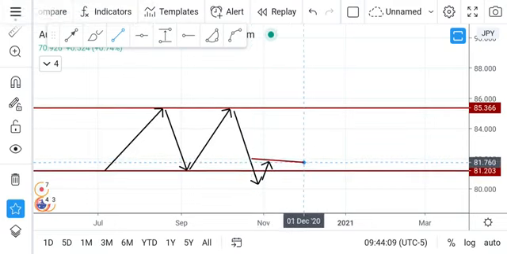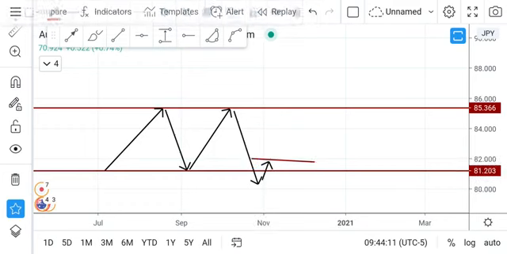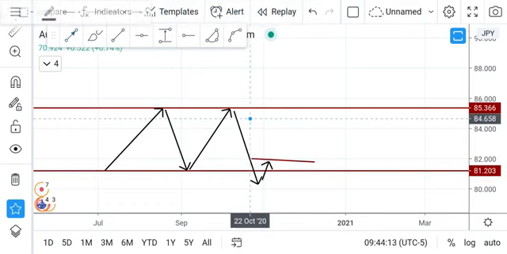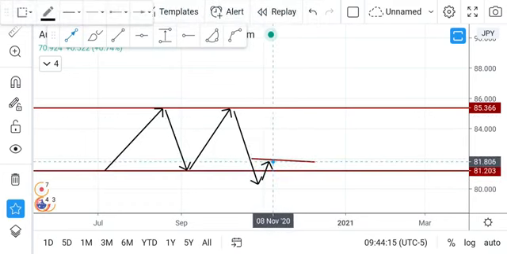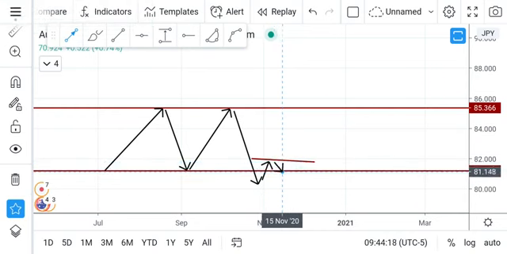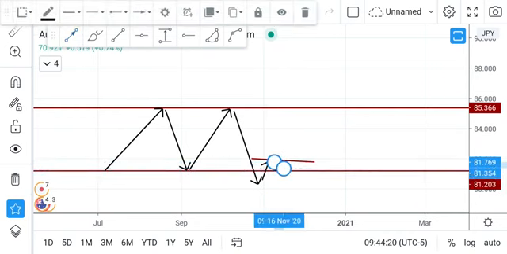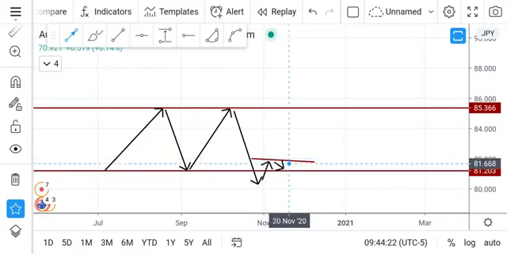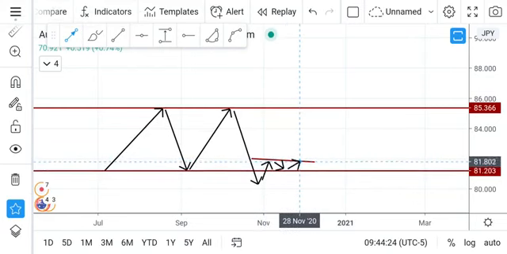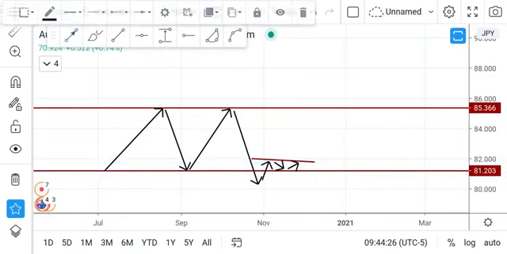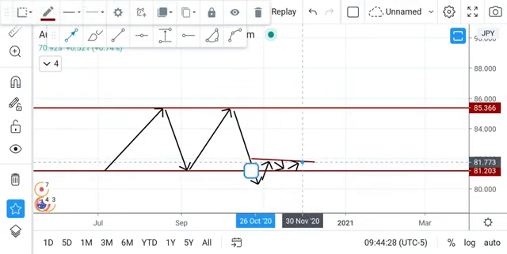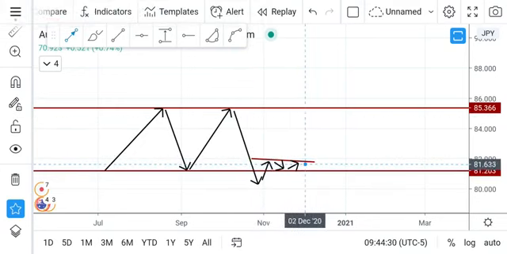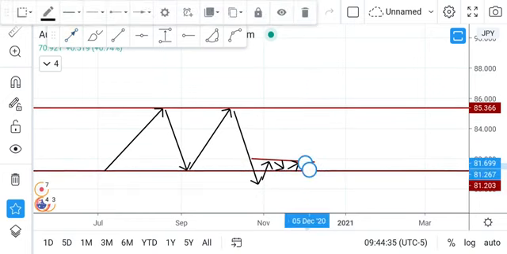So what is going to happen next is that price is going to be moving through that range. It's going to be going up and down within that range, and the volatility is going to reduce. So what is happening over here is that you have a build up.